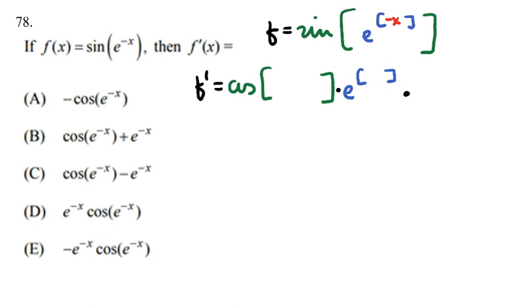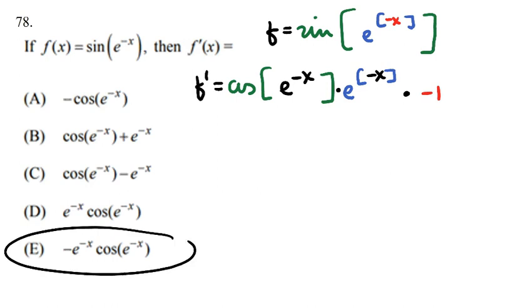So I'm going to leave everything the same. That's cosine of e to the negative x, e to the negative x. Multiplying by the derivative of the innermost thing, that's going to be negative 1. So I've got negative e to the negative x times cosine of e to the negative x. That is answer choice E. Okay, that's multiple layers of chain rule.